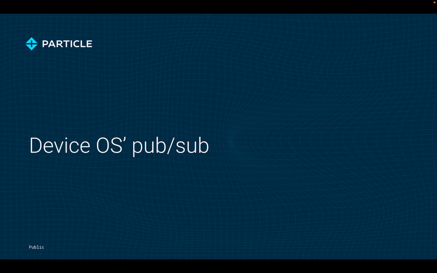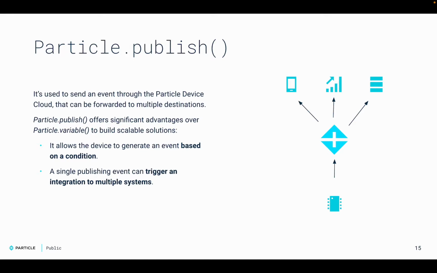Now that we have a general understanding of our data pipeline, let's go over some practical details to use it in your projects, starting at the device level with the Particle.publish and subscribe APIs. As we learned on previous videos, Particle Publish is used to send an event through the Particle Device Cloud that will be forwarded to all registered listeners such as webhooks, streams of server-sent events, and other devices listening via Particle Subscribe.